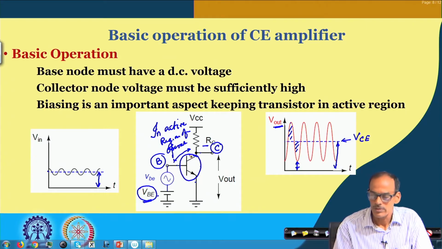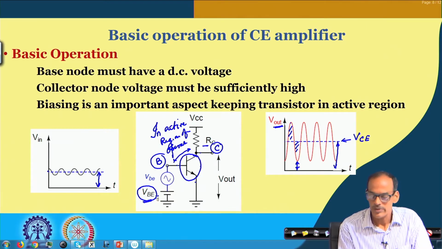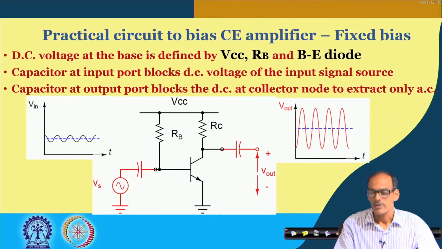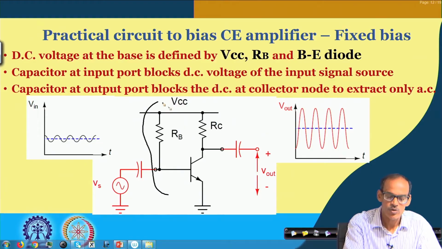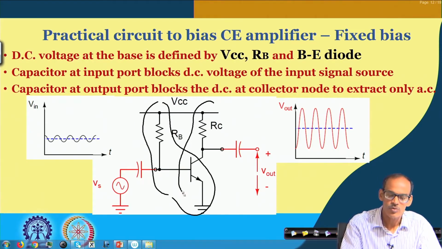So, what may be the practical circuit, let us look into that. As I said, biasing is very important. Let us look into the input port first, the equivalent circuit we can see here, and after that we will see the output port circuit.